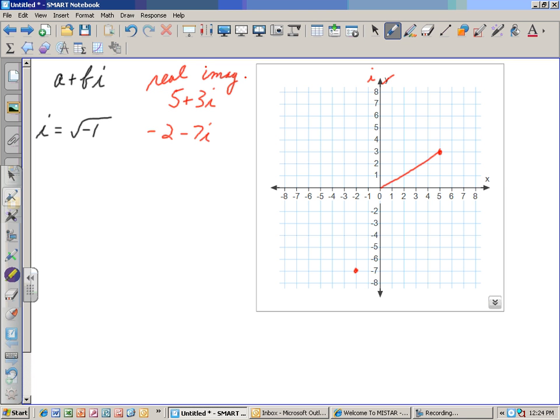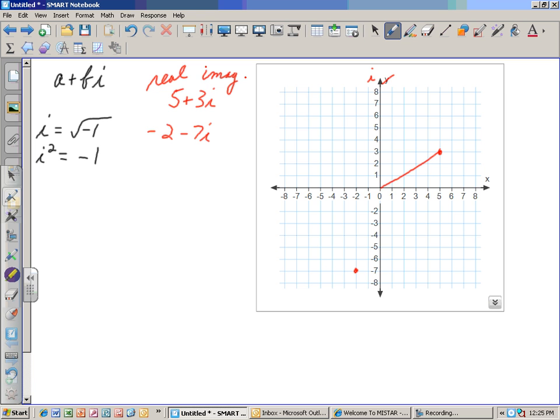Once we get to i, that's it. And we learned yesterday that i squared is equal to what? Negative 1. So whenever I see i squared, it stands for negative 1.